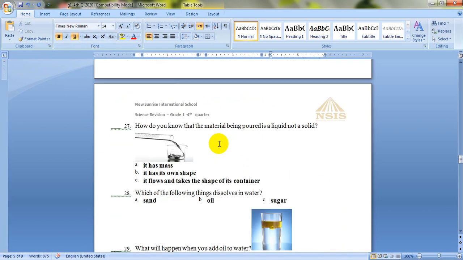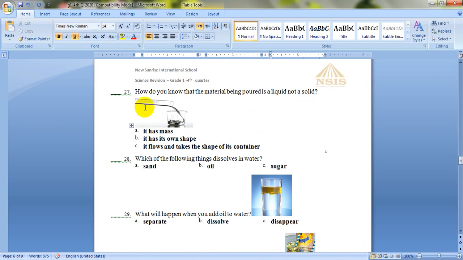Let's move to the next question, 27. How do you know that the material being poured in is a liquid, not a solid? It has mass, it has its own shape, or it flows and takes the shape of its container?